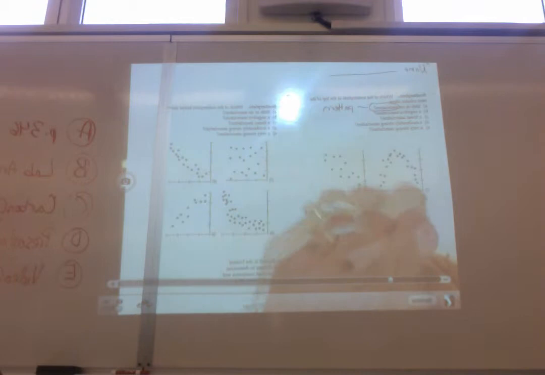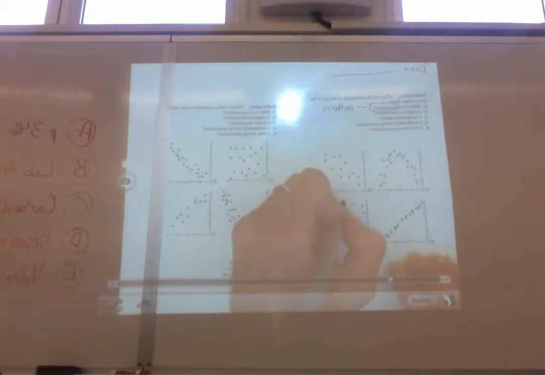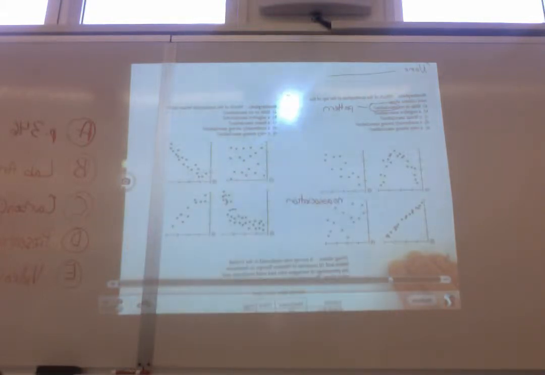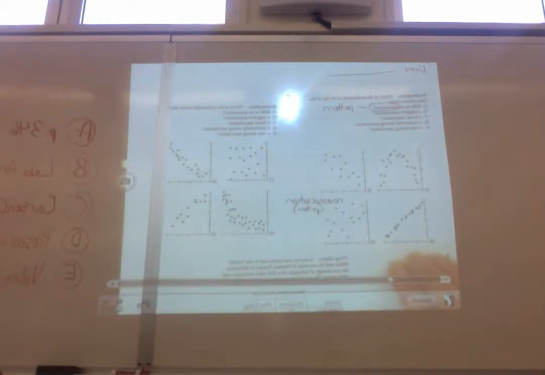Are there any here in this 1, 2, 3, 4 that show little or no pattern? 4. So write no association on 4. Association is a fancy name for pattern or things lining up, things coming together.